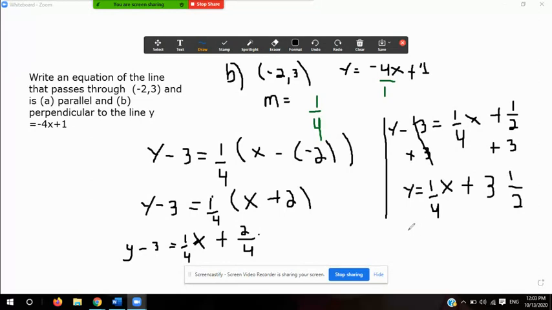And my final answer would be y equals 1/4 x plus 7/2. And that would be your equation when the lines are perpendicular.